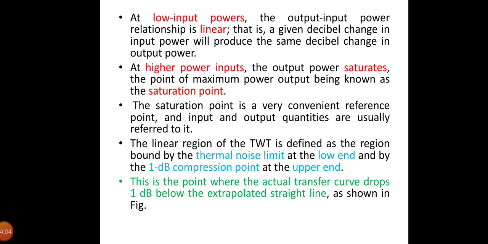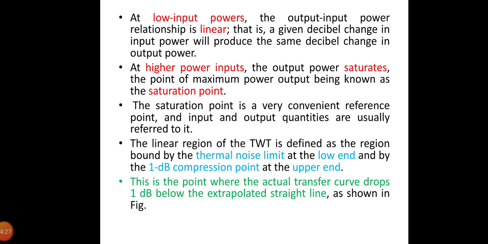That is, a given decibel change in the input power will produce the same decibel change in the output power. At higher input powers, the output power saturates, the point of maximum power output being known as the saturation point.